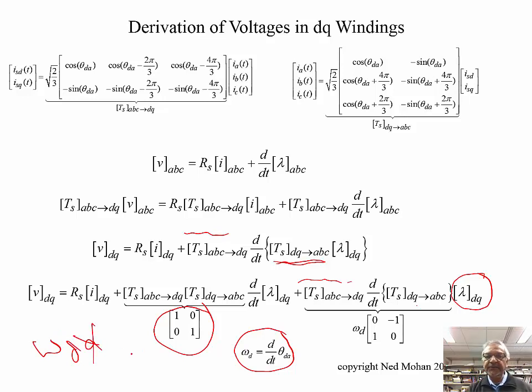So we'll not use that. And so the product of these two terms would give us this matrix here. It's just simple algebra that we'll not go through, but you can do it on your own. It's pretty straightforward. So we have this voltage equation in dq.